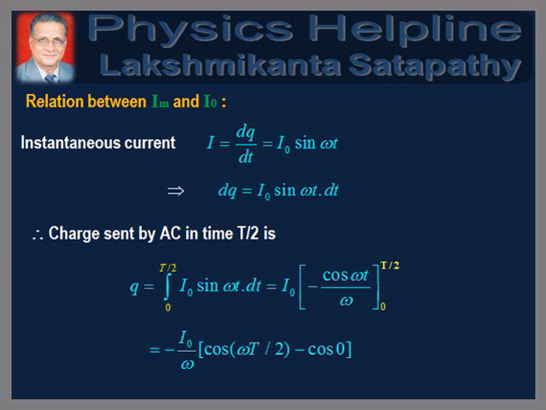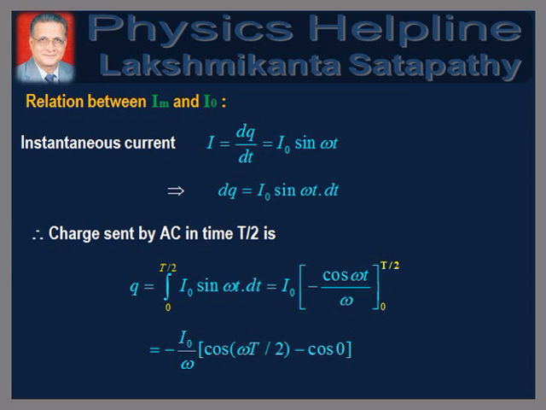Now, let us establish a relation between mean value and peak value of AC. Instantaneous current is I = I0 sin ωt. Therefore, charge sent in a small interval of time dt is dq = I dt, which is equal to I0 sin ωt dt.